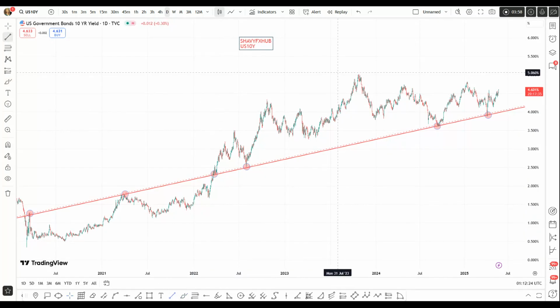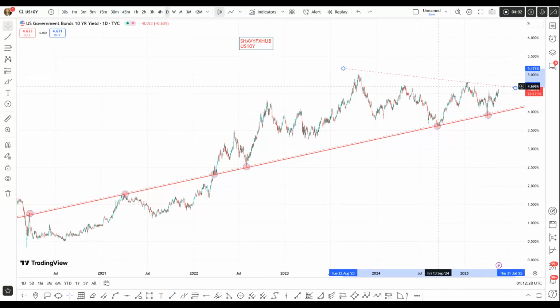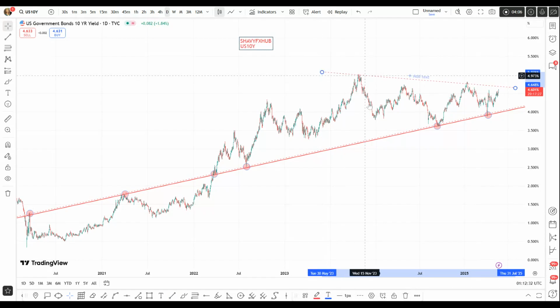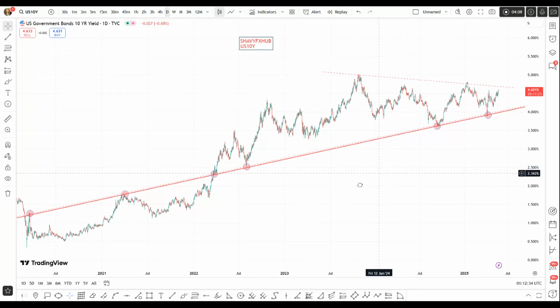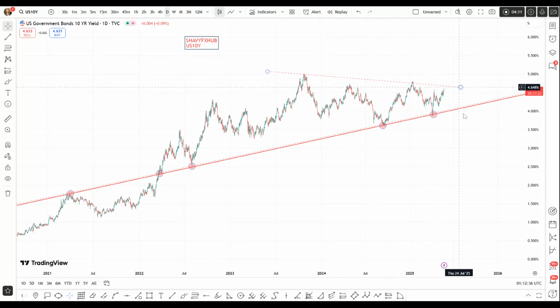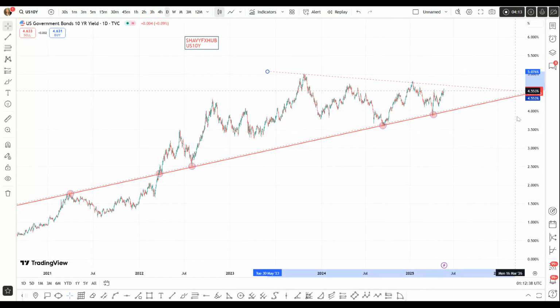So now we have a descending trend line. Let's see if we have a breakout so that we can have this thing settled once and for all. We're looking for a breakout from the high of October 2023, and the price creates another significant high. On that high, I want to see a breakout from that structure. That will be historic, to see the bond yield exceeding 5.0%.